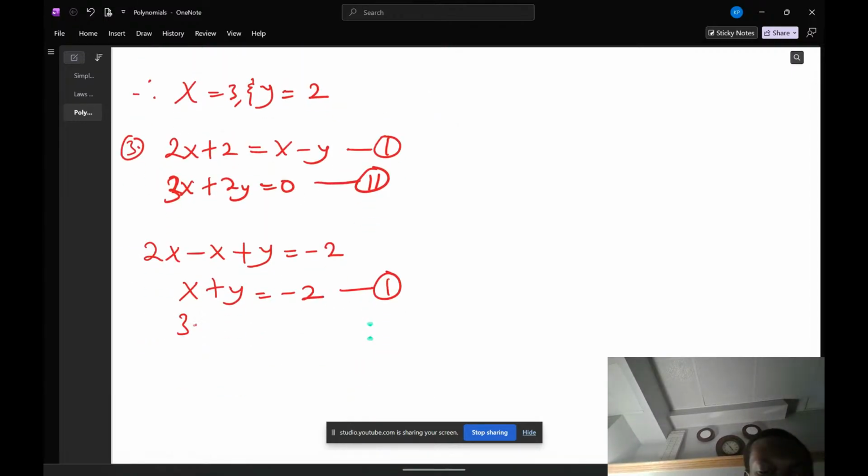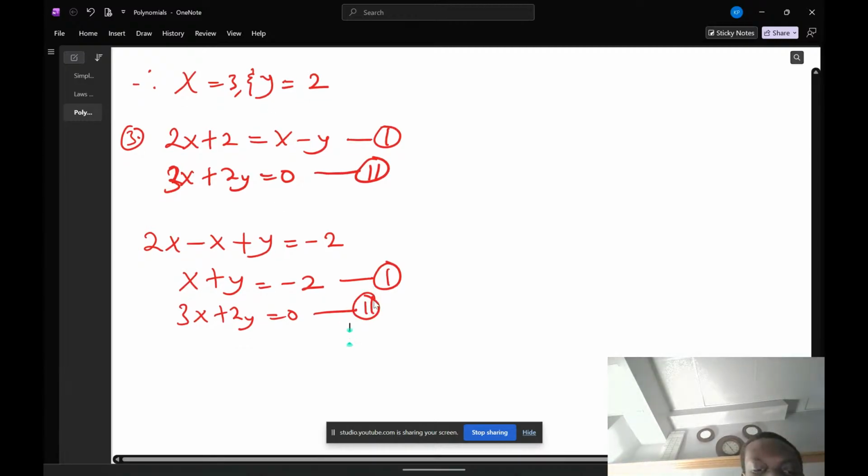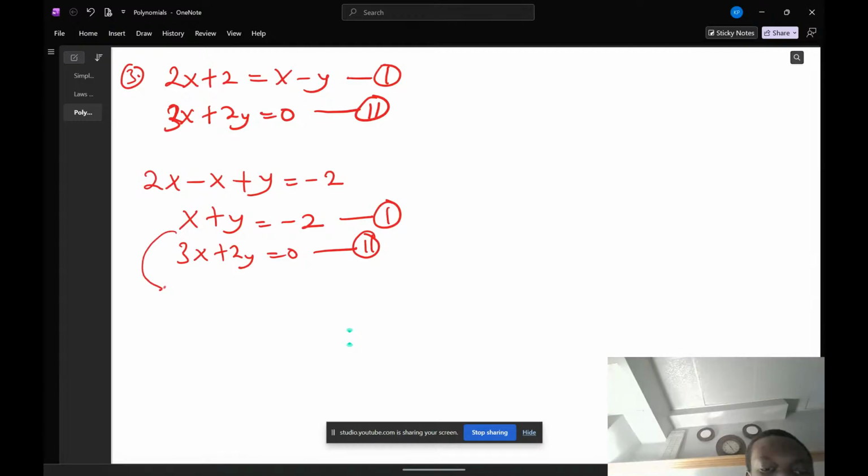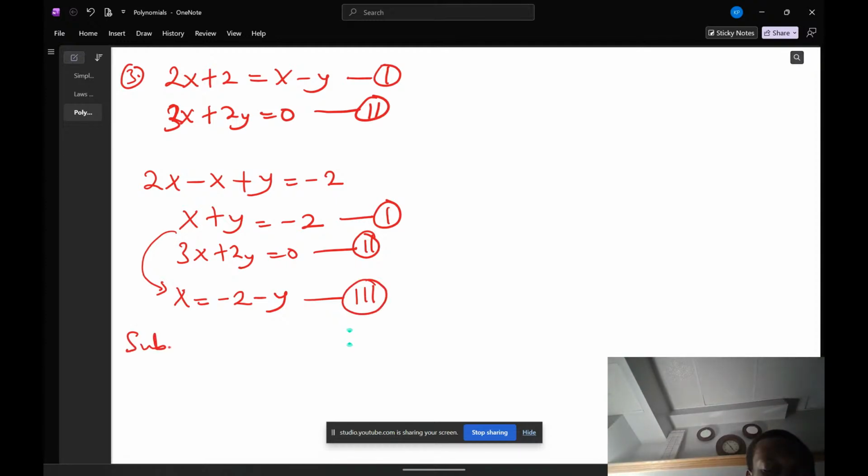The other equation is 3x plus 2y equals 0. This is equation 2. Now in this case, we can make x equal to minus 2 minus y. This is equation 3.